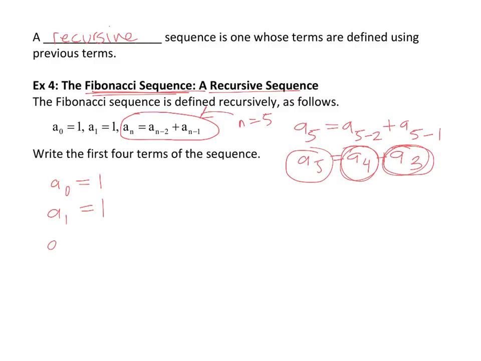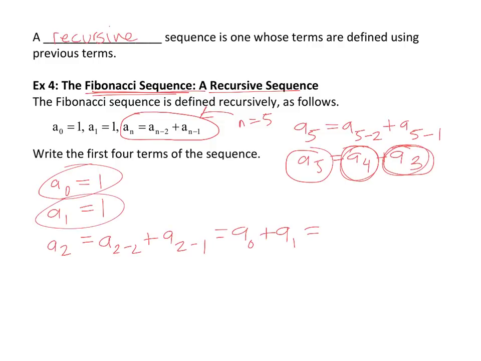And then here's the third term, a sub 2, so I just plug it in the formula now. a sub 2 is a sub 2 minus 2 plus a sub 2 minus 1. So I end up with a sub 0 plus a sub 1, and I already know what those are. I have them right up here. So that's 1 plus 1, which is 2.